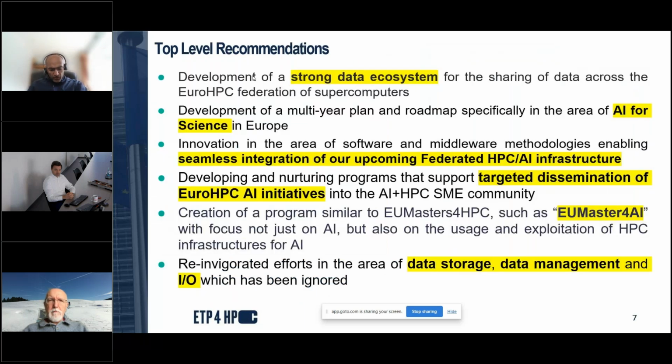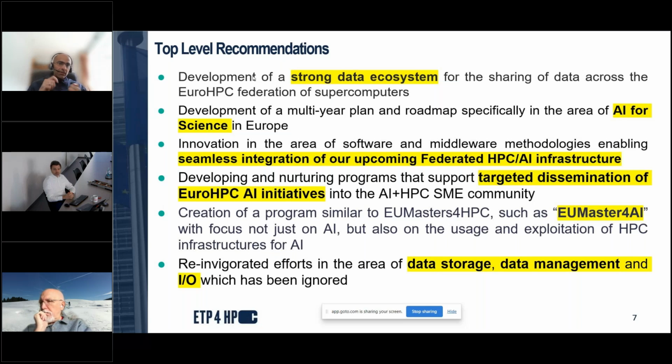I don't intend to go into a lot of detail here. This is just to give you a flavor of the kind of recommendations at a very top level, and I'm just going to quickly point them out. Of course, you could have a separate webinar on each of these topics. At the top level, we have recommended a strong data ecosystem in Europe for sharing data across the EuroHPC federation of supercomputers.